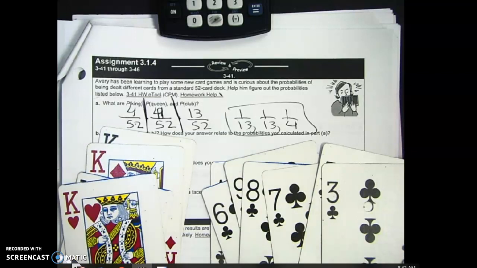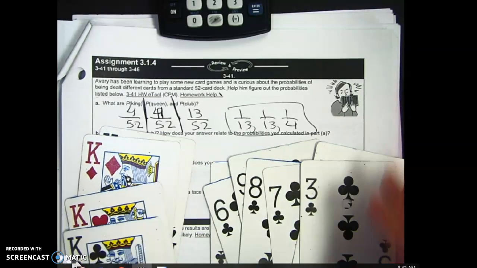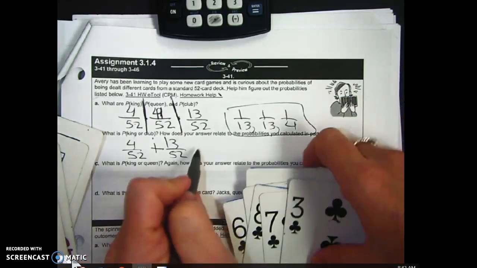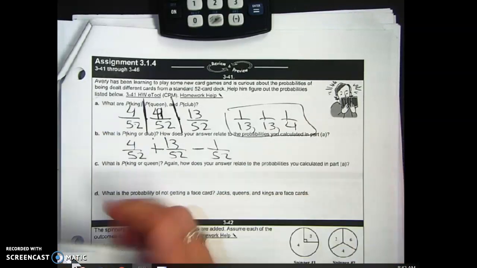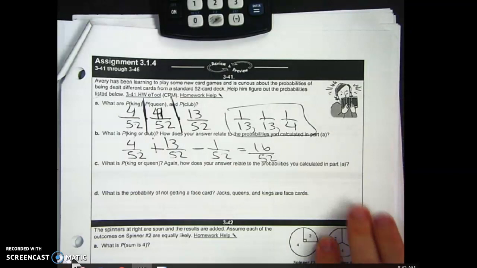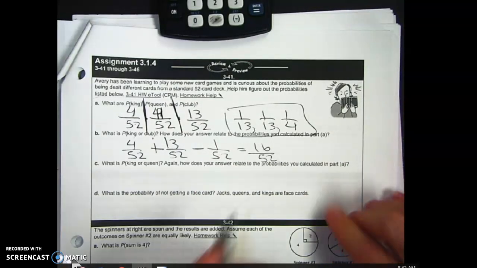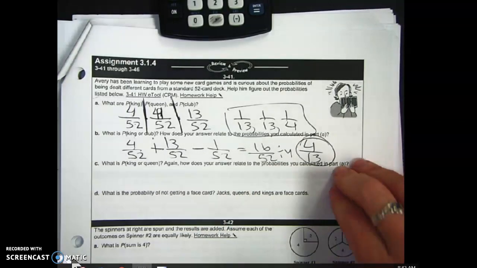The problem is that, look, the club got counted here, and it got counted there, so it's overlapped, okay? So you're going to have to take away 1 out of 52, because that was counted twice. So it really means there are 16 out of 52, which divide by 4 is 4 out of 13, okay?